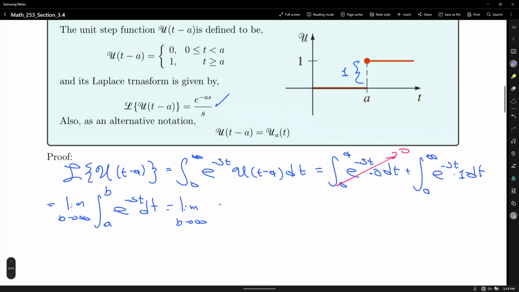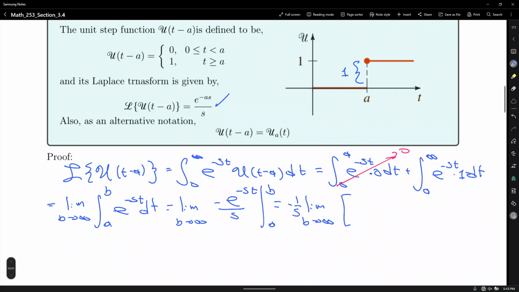So that'll be, yes, negative e to the negative st over s, evaluated between a and b. So the limit as b approaches infinity of, actually, let me take the negative and the s in the denominator outside.